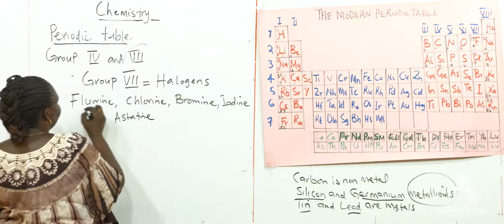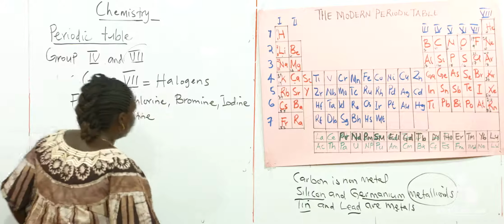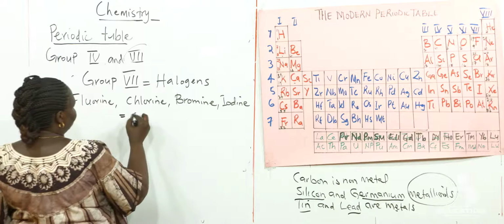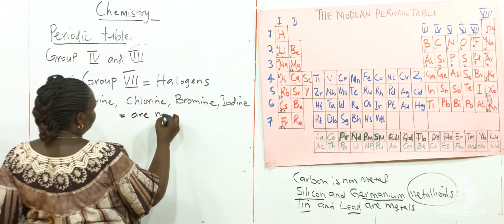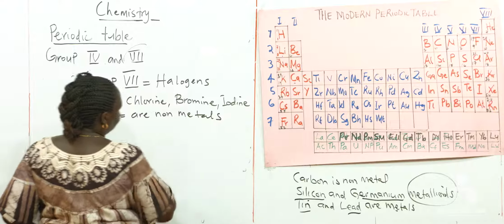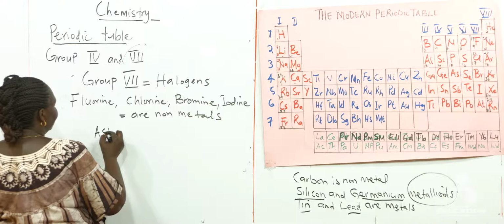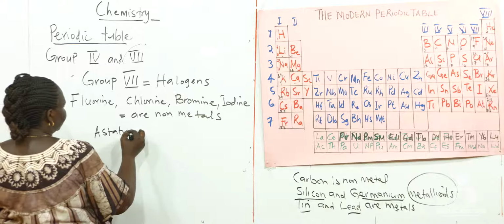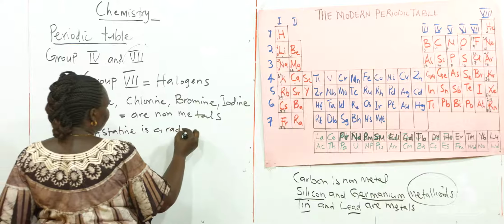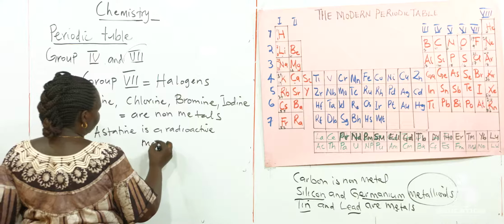So we said fluorine, chlorine, bromine, and iodine are non-metals. We say that astatine is a radioactive metalloid.